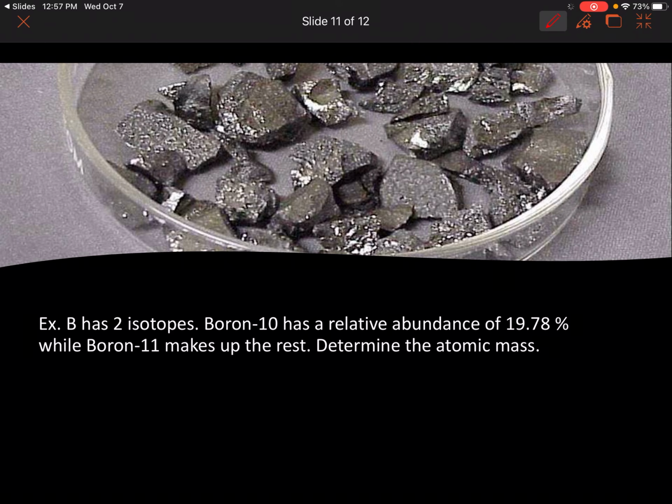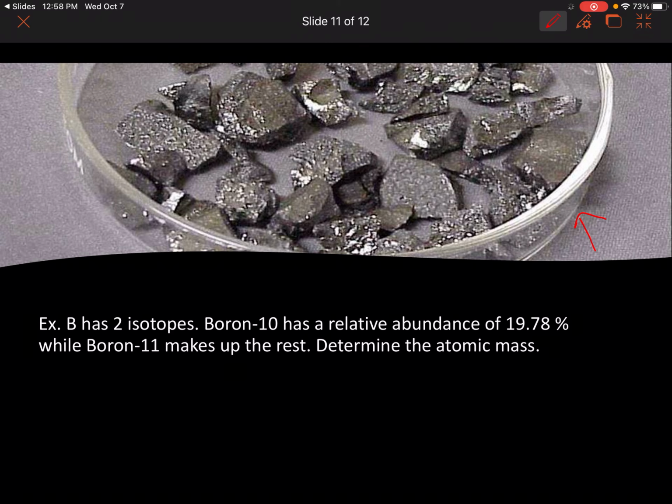Okay, so the next one I want you to try on your own. So this is boron. Often we talk about these elements and we don't actually know what they look like at all, right? So this is boron. Boron's our metal here. It's quite pretty. Boron has 2 isotopes. So we have boron 10 and we have boron 11. So we know that boron 10 has a relative abundance of 19.78%, while boron 11 makes up the rest. Determine the atomic mass.